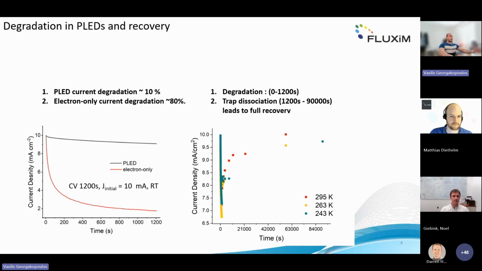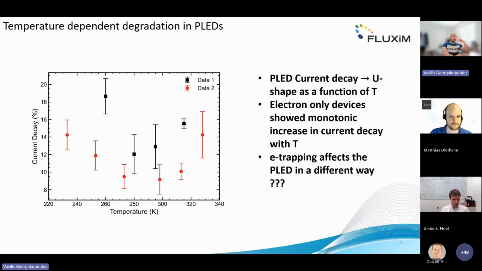And so why is the impact on the device performance so different from the electron-only device? So then we conducted experiments together. We took different data sets, multiple devices, different experimental setups, and all the times, after statistics of course, we found that the temperature dependence was also different from the electron-only devices.